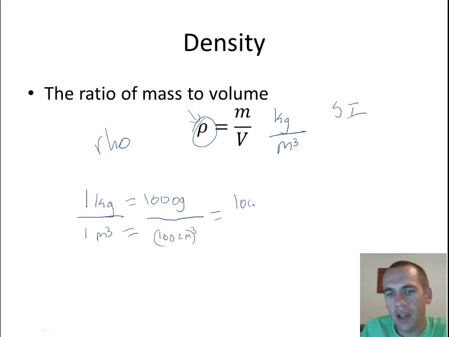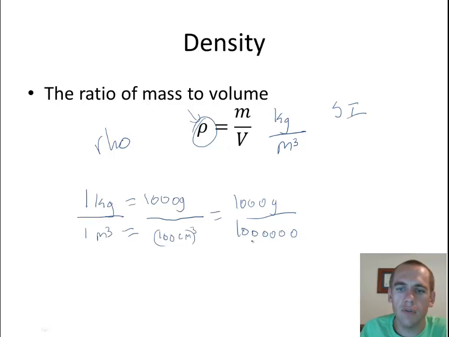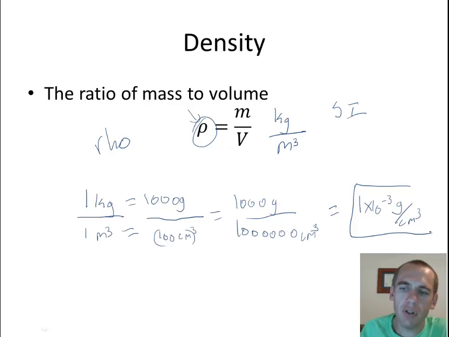So this is 1,000 grams per a million cubic centimeters. Well, this equals 1 times 10 to the negative third grams per cubic centimeter. So a gram per cubic centimeter is 1,000 times smaller than a kilogram per cubic meter.